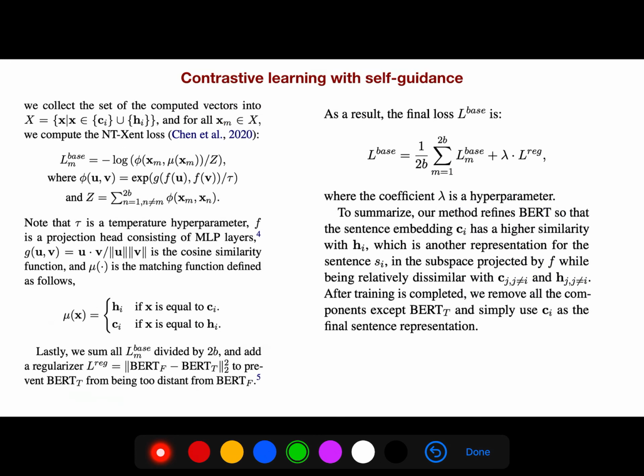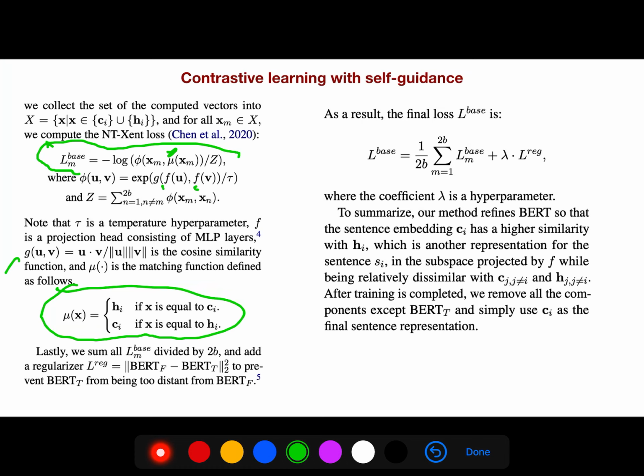We collect the set of computed vectors into X, and then we compute this loss, which is just the log of phi, where tau is the temperature hyperparameter and F is just a projection head consisting of some multi-layer perceptron layers, and G is just a cosine similarity function. This mu here is the matching function defined like this: if x_i is equal to C sub i, it becomes H sub i, and if x_i is equal to H sub i, it becomes C sub i.